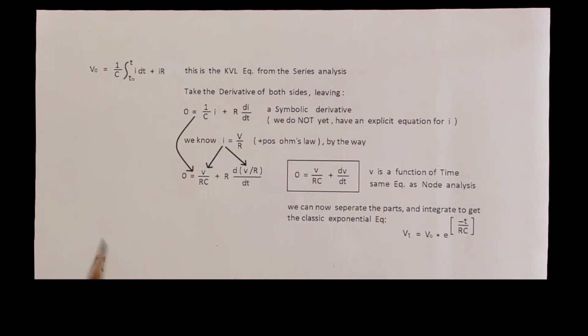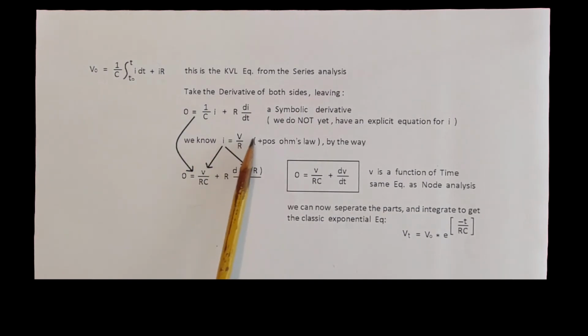Here is the original KVL equation from 2 frames ago. This really is the preferred format of any KVL equation. Take the derivative of both sides, derivative of a constant, 0. The derivative of this integral is 1 over C times I. I is still a function of time. And the derivative here, we have R times di/dt.